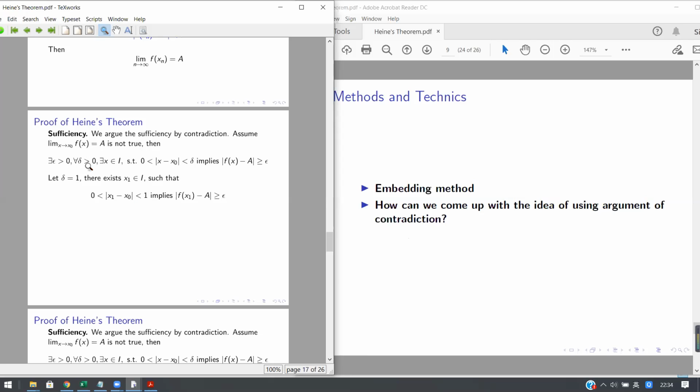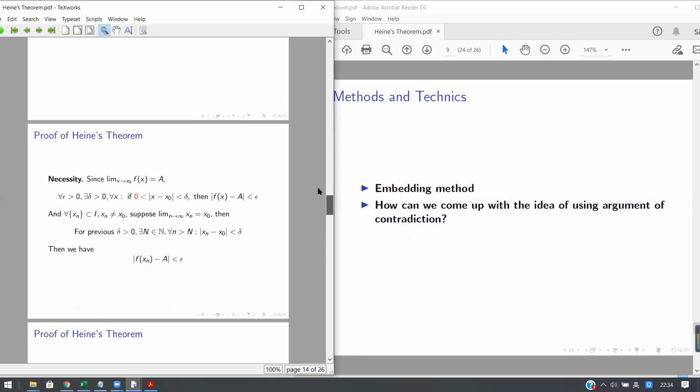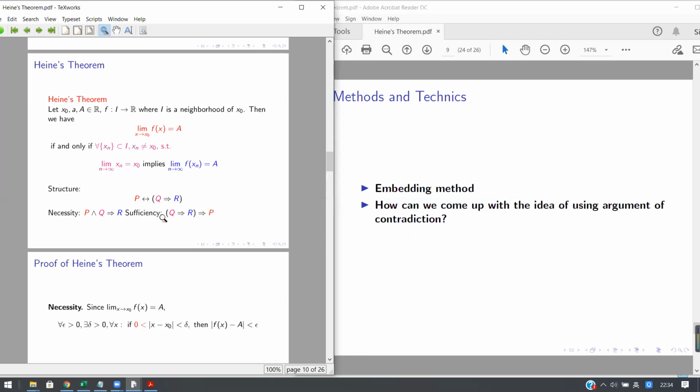Because when we do the sufficiency side, we need to assume this Q implies R and try to deduce P. According to our logic knowledge, it is very hard for us to use this Q implies R properly, right?